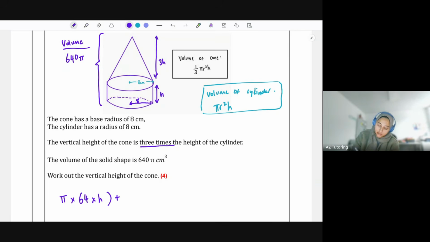And then we're adding that to the volume of the cone, which is a third times pi times r squared, which again is 8 squared, which is 64, times the height, but this time it's 3h because it's 3 times the amount of the cylinder. And we know the total of these two volumes is going to give us 640 pi that they've told us in the question.